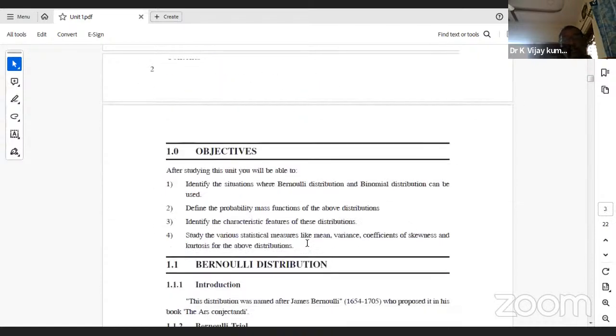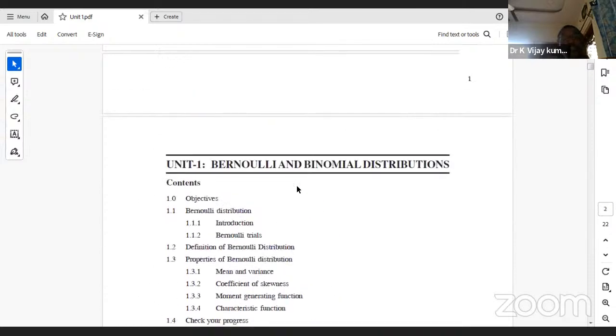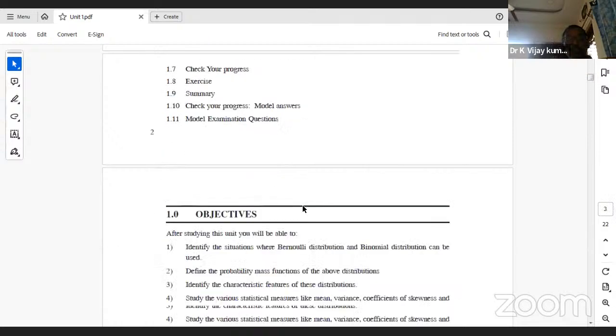All these things we can learn in this first unit.